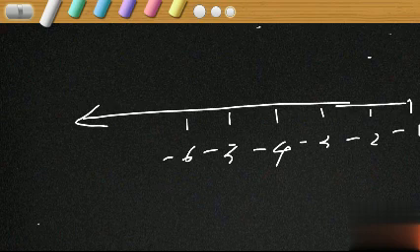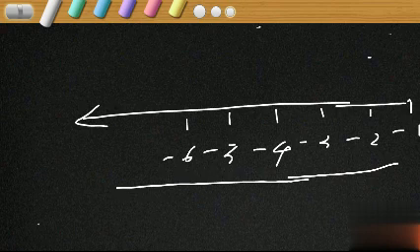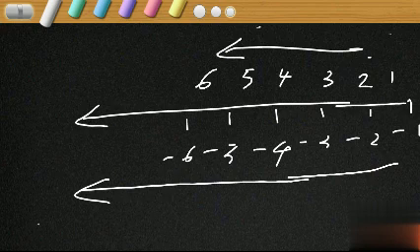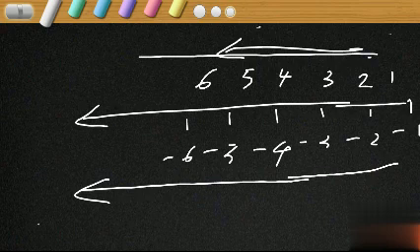In this direction the magnitude of numbers increases, that is 1, 2, 3, 4, 5, 6, etc. The magnitude of negative integers increases towards the left direction.